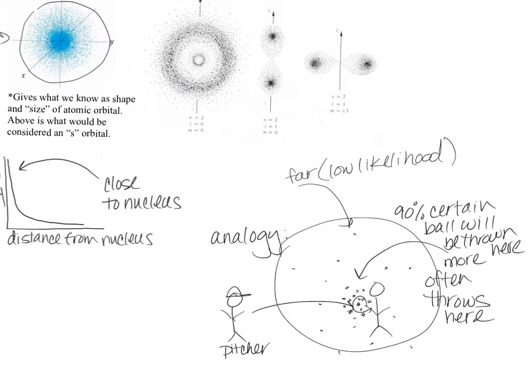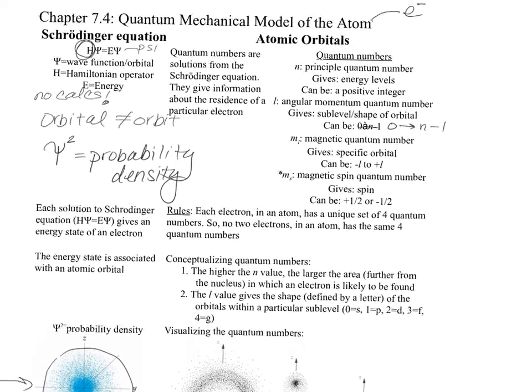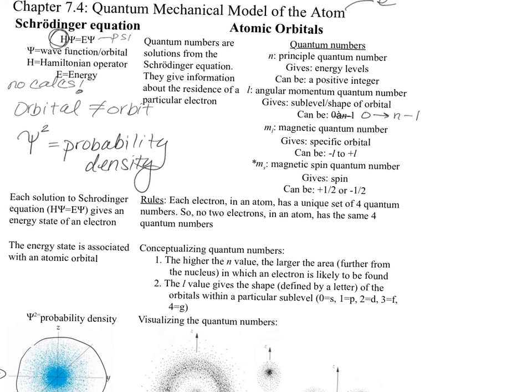So how do we describe where an electron is probably found and what type of shape this probability density map takes on? An atomic orbital is specified by 3 quantum numbers that are part of the solution to the Schrödinger equation seen above. First is the principal quantum number, the symbol n.